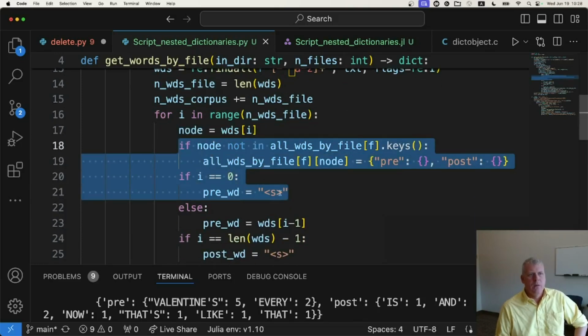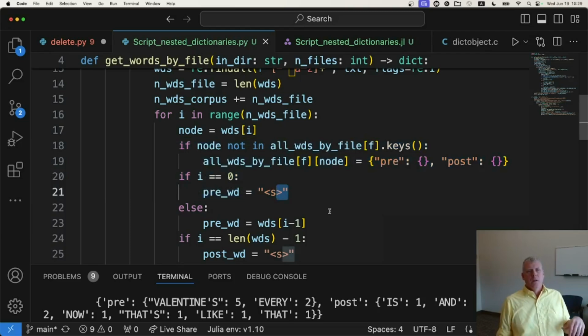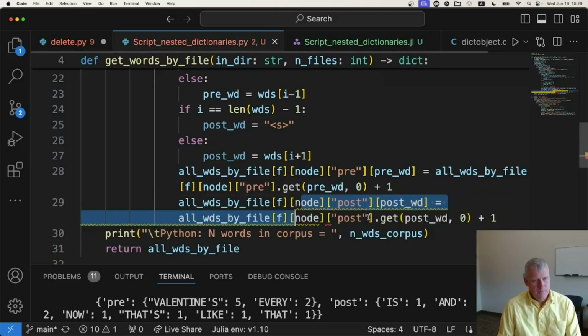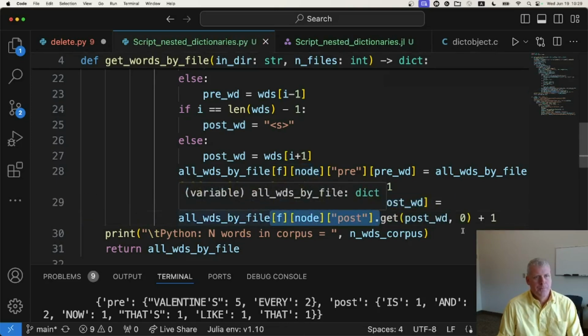By the way, I keep track of whether it occurs at the beginning of a document or the end of a document. In my actual implementation, I actually do it by sentences, so a multi-word unit cannot go across sentence boundaries. Good. So yeah, I populate this dictionary, see all these nested dictionaries happening right in there.